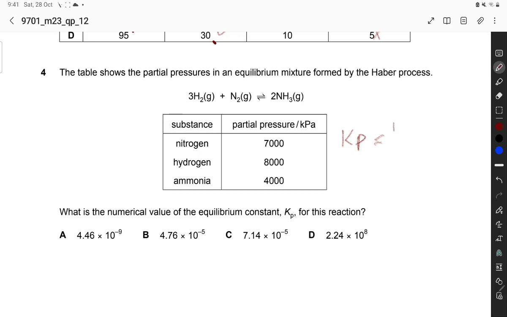This is the partial pressure of ammonia, the product, divided by the partial pressure of the reactants, hydrogen and nitrogen.